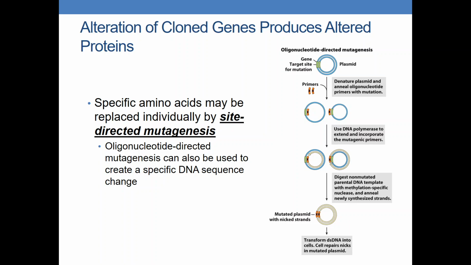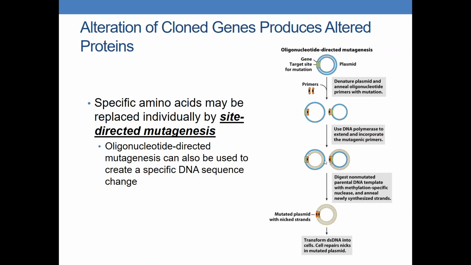So what we're going to do is actually treat this mixture with a methylation-specific nuclease. It is going to bind only to plasmid that is methylated. It is then going to digest only methylated plasmid, which leaves only non-methylated plasmid.